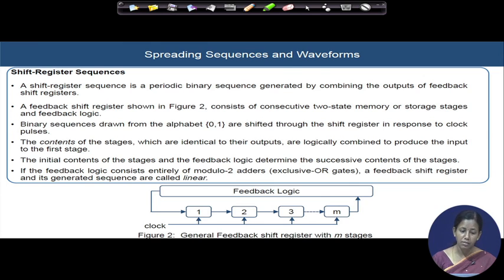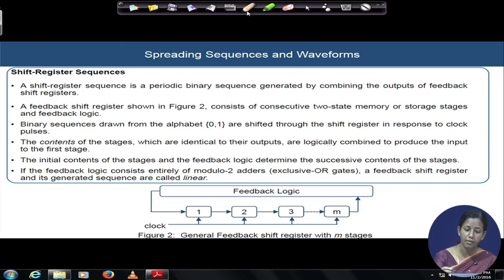Shift register sequences are basically binary sequences which we generate by combining the outputs of feedback shift registers.